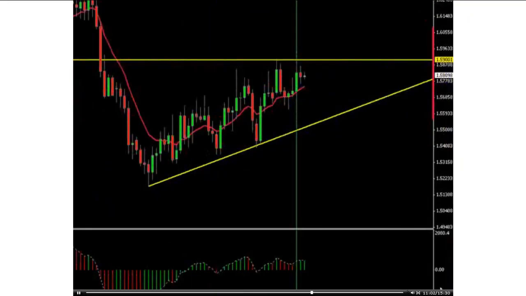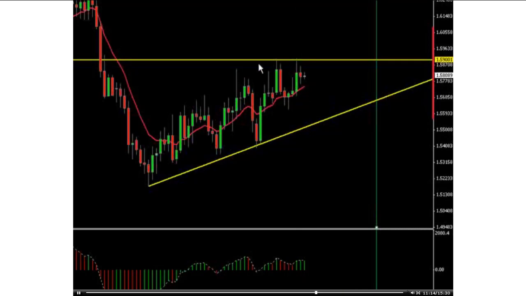On Monday, I told you that the Euro CAD was probably going to fire a signal. And I told you and explained that I would not, under any circumstances, take this trade. The reason was that this is a severe upper resistance line and a strong psychological line of 1.5900.